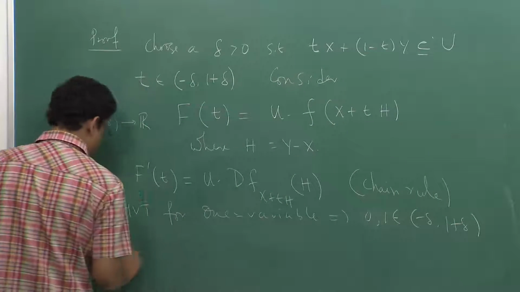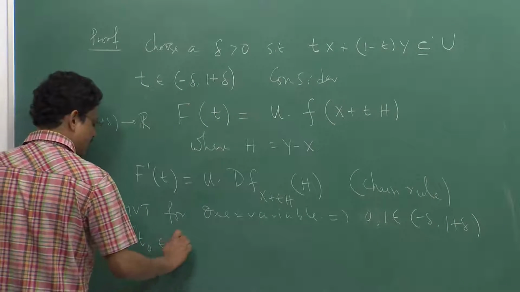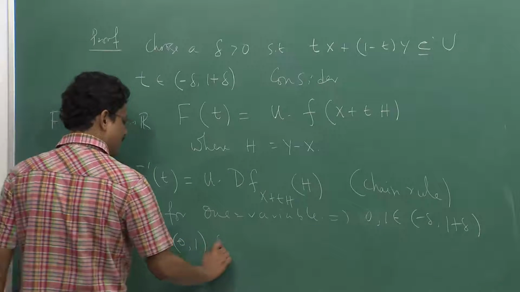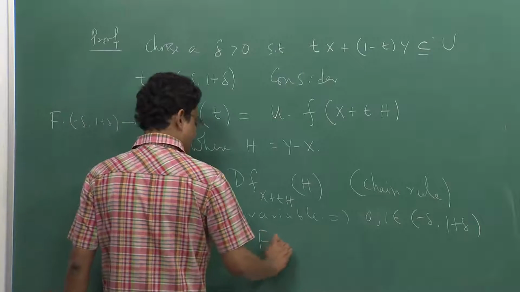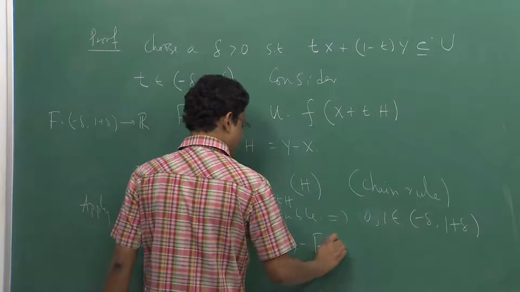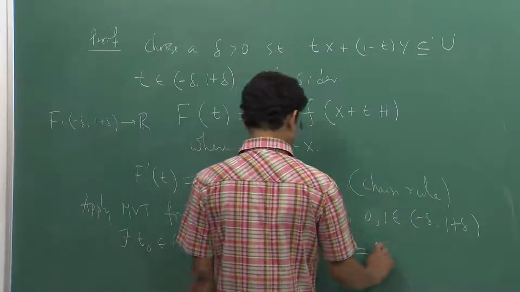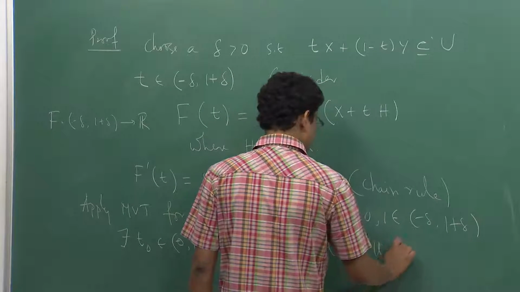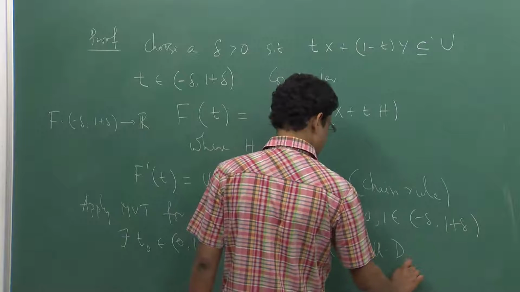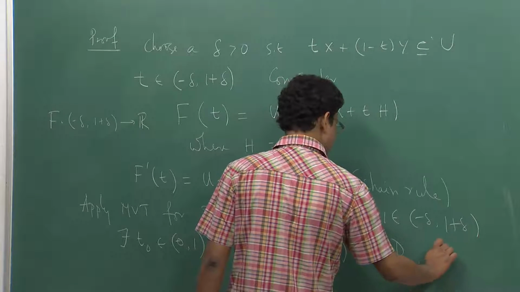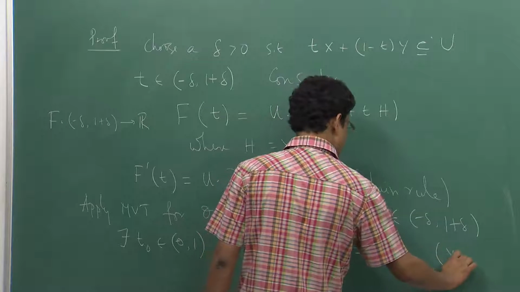So, there exists a T naught in 0 to 1 such that f of 1 minus f of 0 equal to u dot d f at x plus t naught h at h, where h is y minus x.